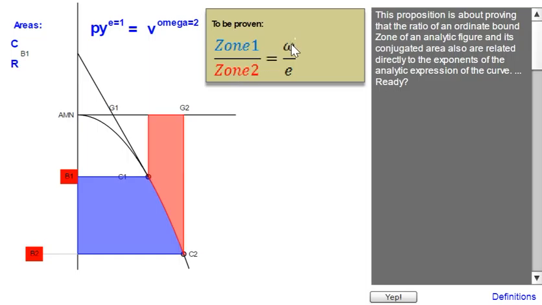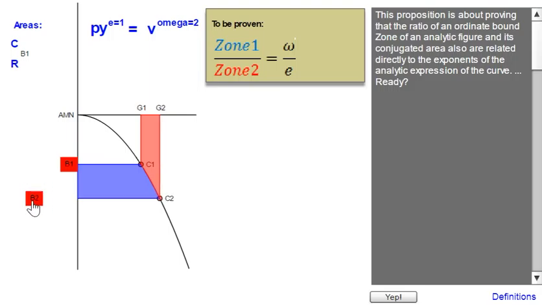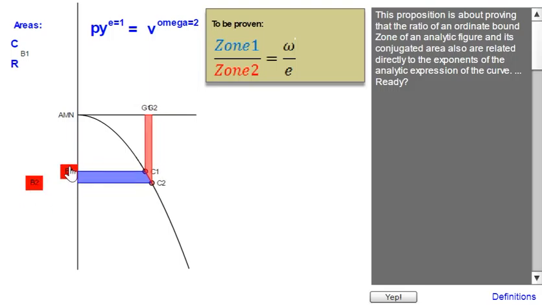It's like omega as the power of the v dignity and e as the power of the y dignity. And this proof bears some relevance because it is actually an expression of the acting principle as a relationship between these two areas.